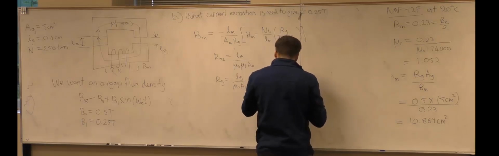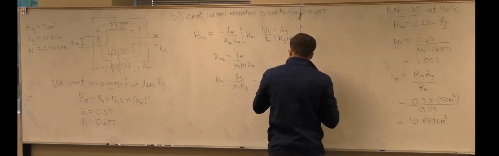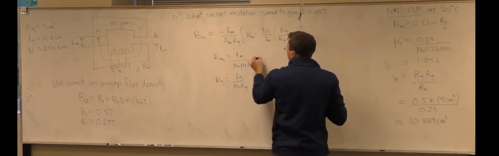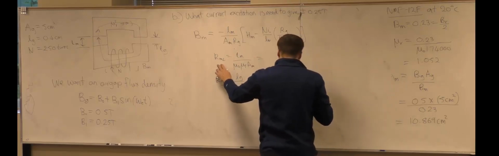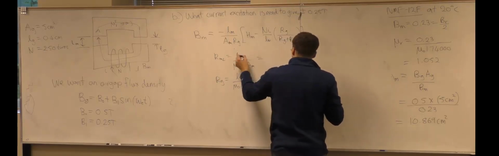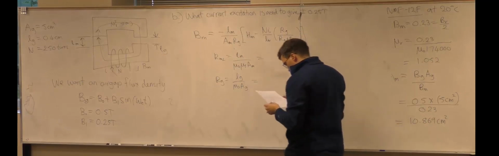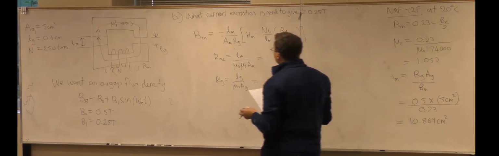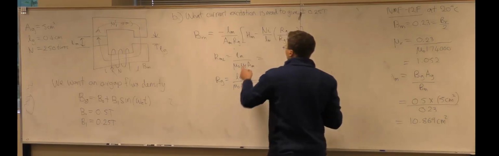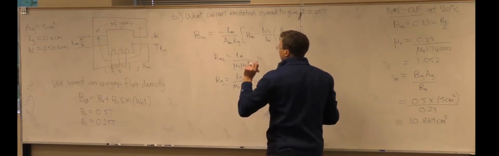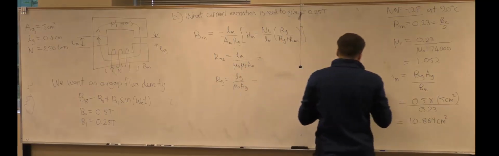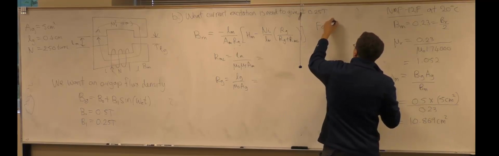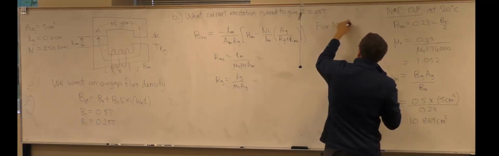So we have Lg is 4 times 10 to the minus 3. No, let me do the top one first. The magnet reluctance is equal to the length of the magnet. I'll do it for the 3 grade, the NMF 3B.